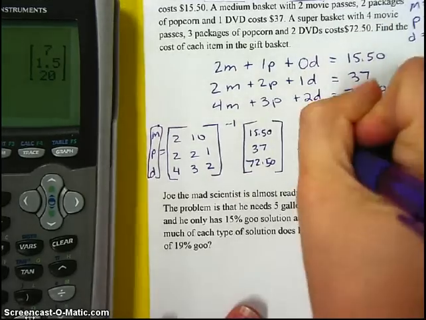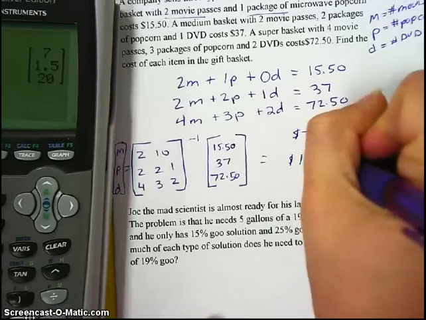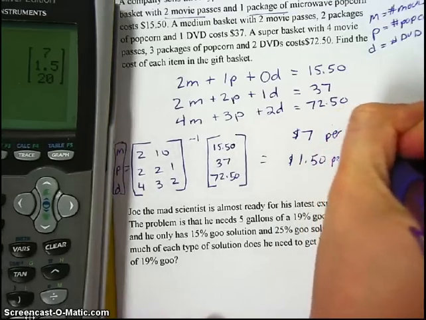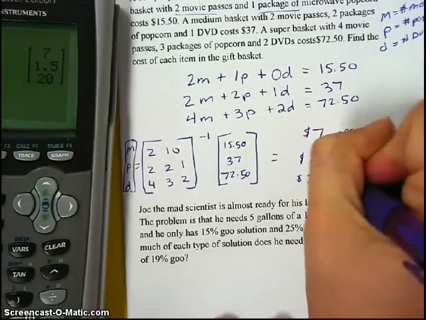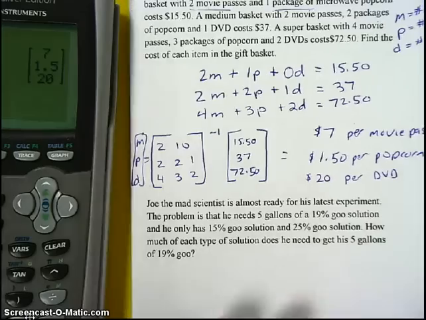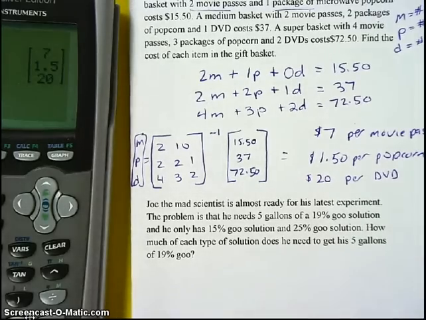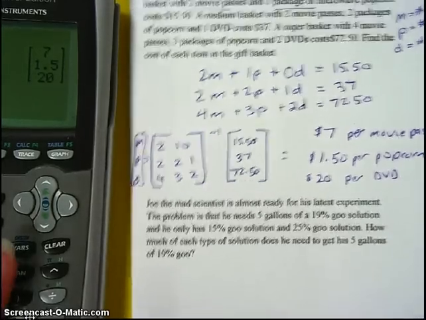We know the popcorn is $1.50 per popcorn pack. And we know that it's $20 per DVD. So that is the cost of each item in my baskets.